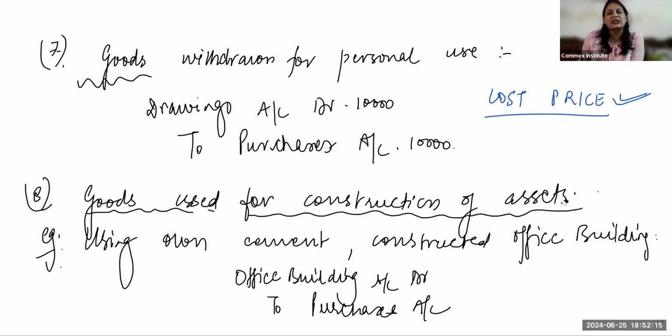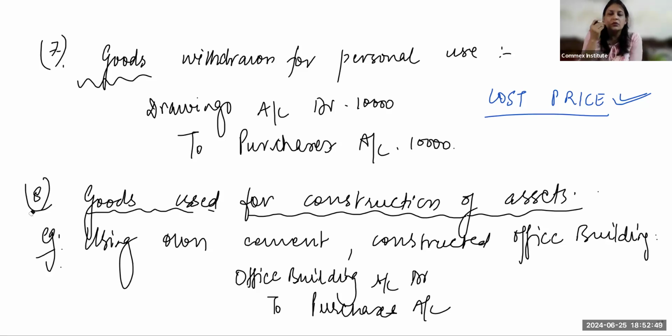Okay, so this was the last one, Anvesha, we discussed. Goods used for construction of assets. Like we are into cement business, we're using our own cement to construct our own office building. Or we are into furniture business and we're using our own furniture to furnish our office. Or maybe suppose we are into computer industry, selling and purchase of computers, and we are using the computers for our own office purpose.